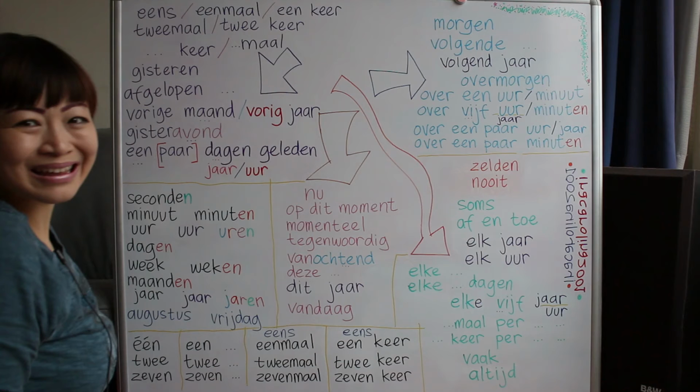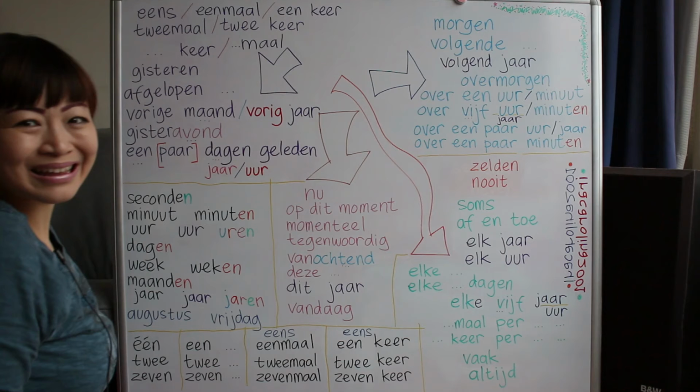And if you want to say how many times per something, you put the number here. And this is maal, times, or keer, times, but together it becomes one word. Don't forget, you put the space here. And then per is for every.